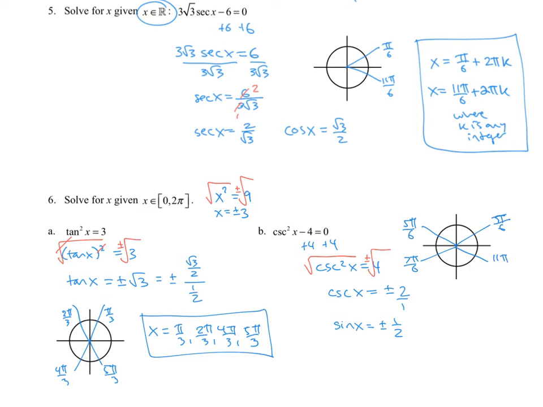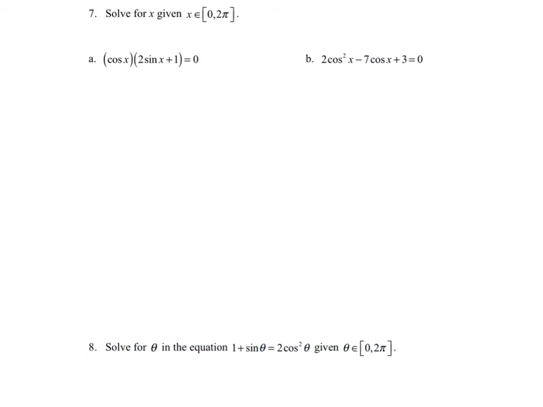Well, at 7 pi over 6 and 11 pi over 6, it's negative 1/2, but we do have plus or minus. So since we're searching for our answer between 0 and 2 pi, our answers are pi over 6, 5 pi over 6, 7 pi over 6, and 11 pi over 6.